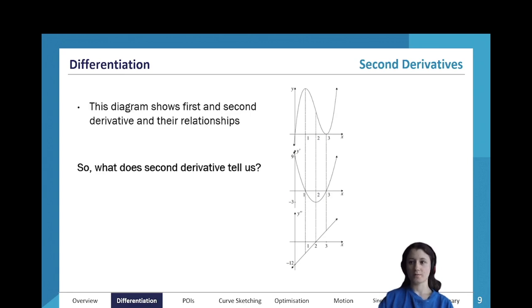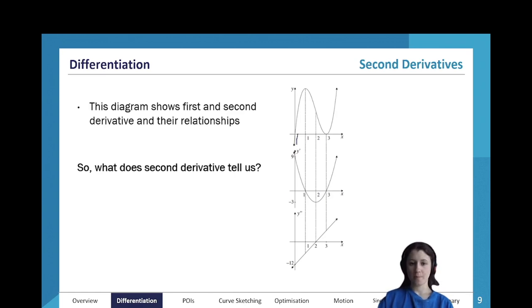All right? So the concavity of the curve is a little bit different to the gradient. The concavity is essentially which way the curve is facing. So I'll pick different colors for this.